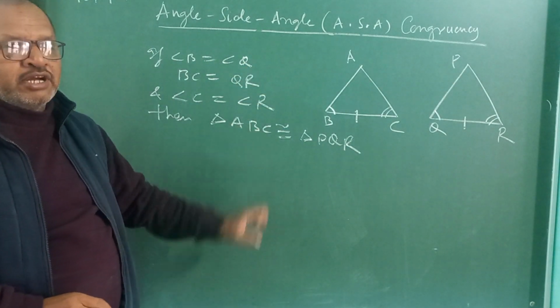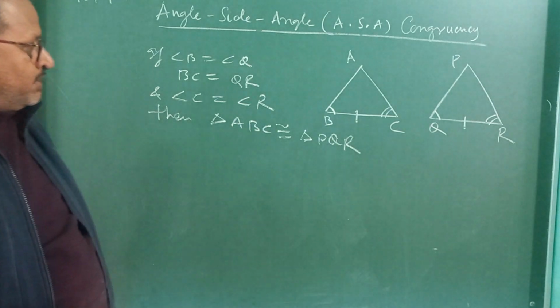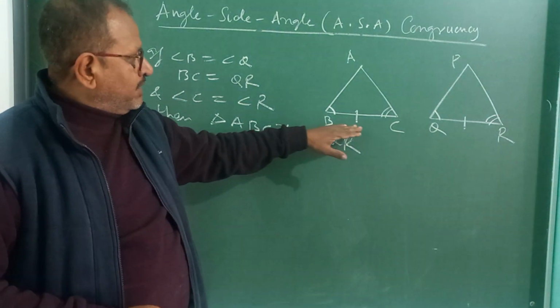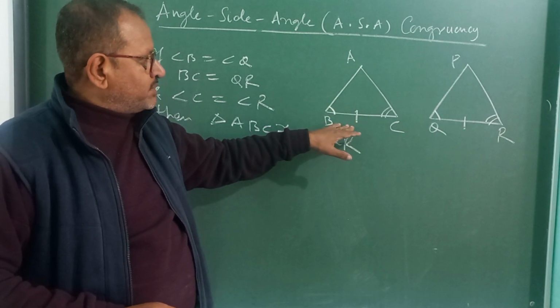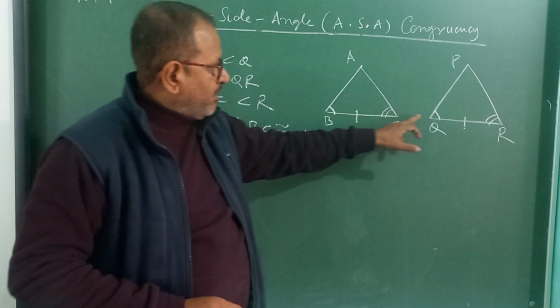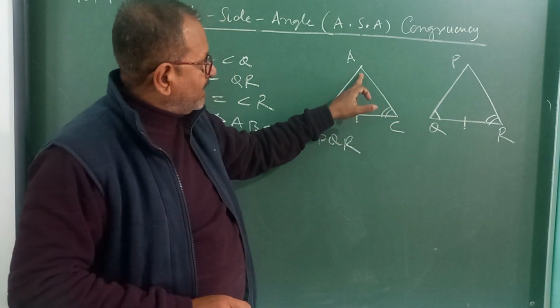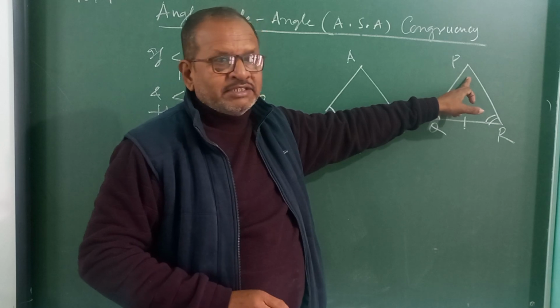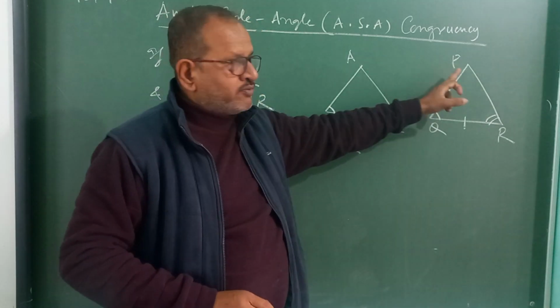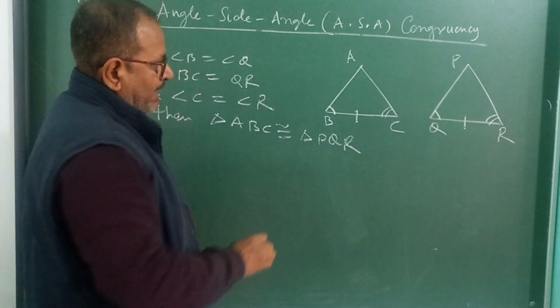These two triangles are congruent. And for simplicity, we can write the remaining parts equal, meaning corresponding parts equal. So two angles are already equal here. The third angle is A in the first triangle, and in the second triangle it is P. So angle A will be equal to angle P.